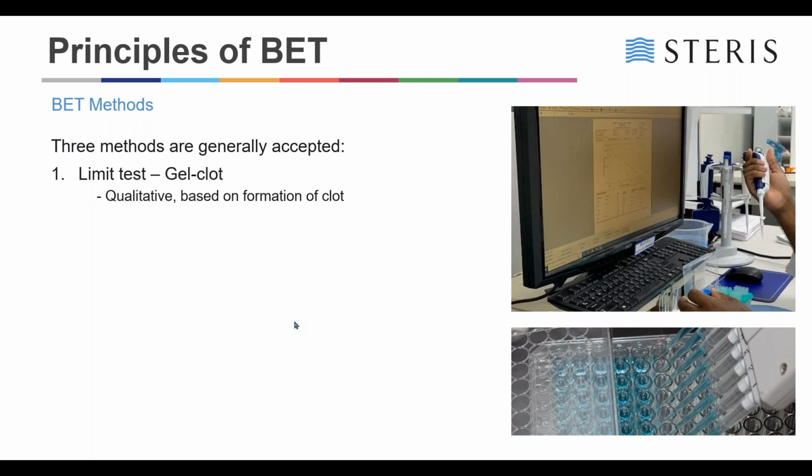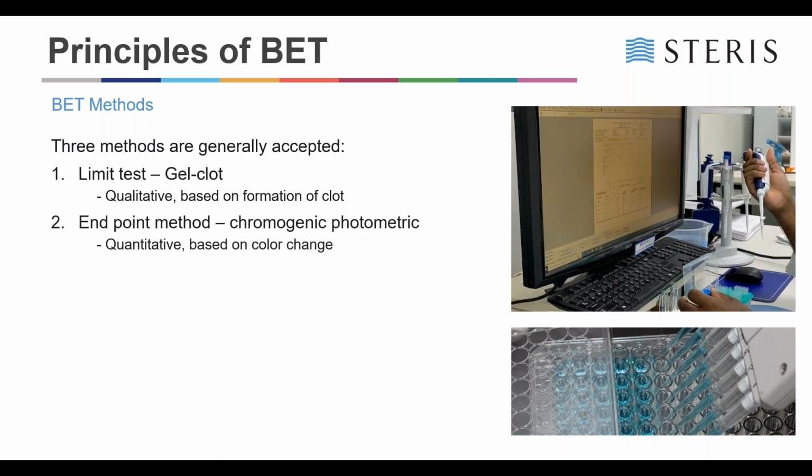The first one being our gel clot method. This one relies on the formation of a clot and is generally considered a qualitative method. The second one being an endpoint method. This is chromogenic photometric. It's typically noted as a quantitative method and is based on color change.